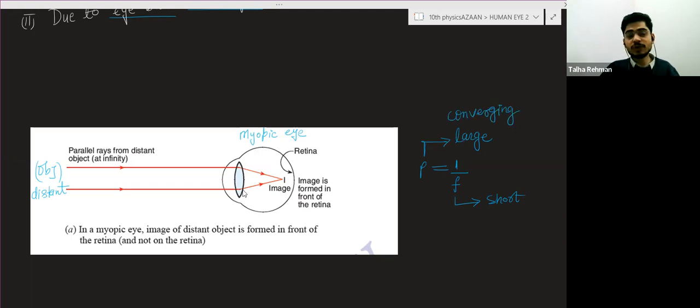So due to the large converging power, the light rays from this object will converge in front of the retina. And for proper vision, the image should be formed on the retina. But now, where is the image? In front of the retina. So due to that, the person is not able to see the object clearly.